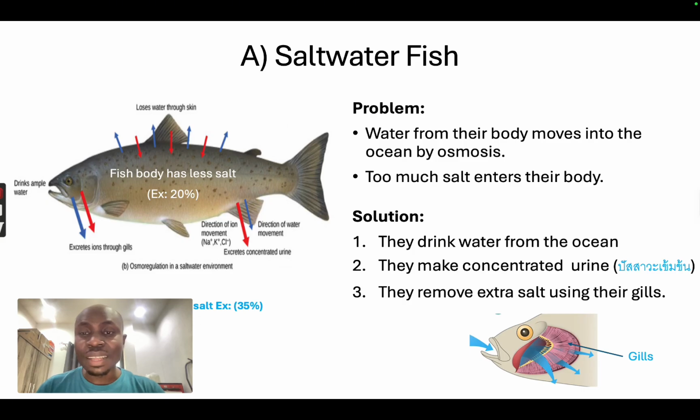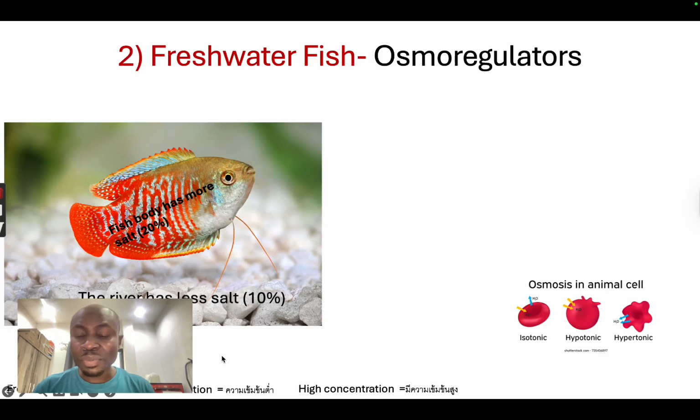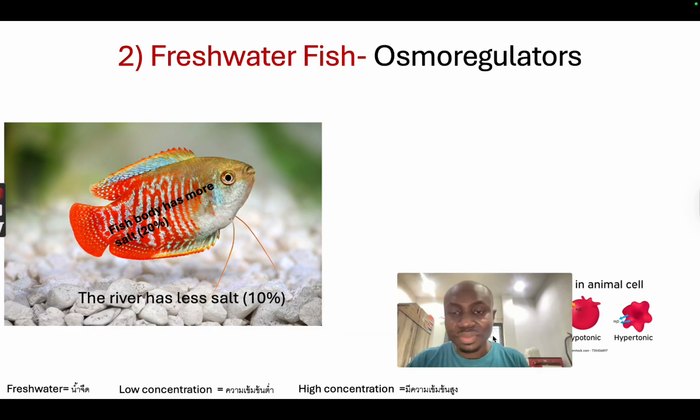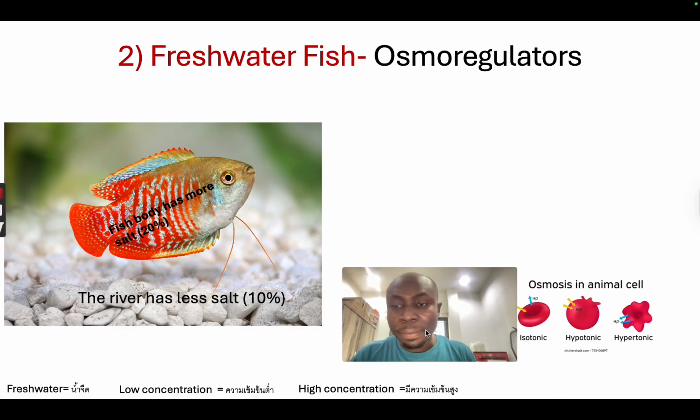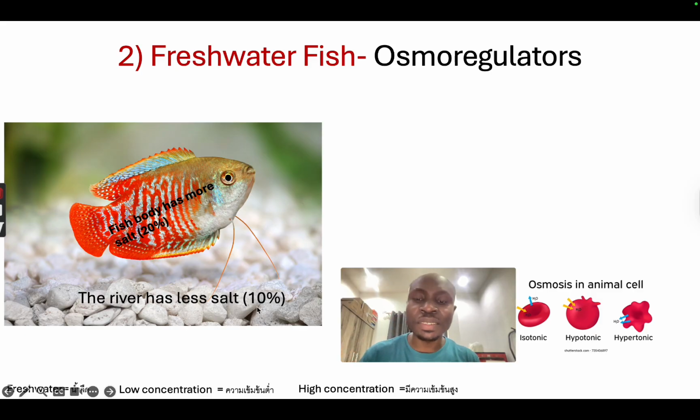Okay, now what about osmoregulators that live in fresh water, like a river? For example, this fish has about 20% salt in the body, and the river has less salt, about 10%. 20% in the body, 10% in the water.